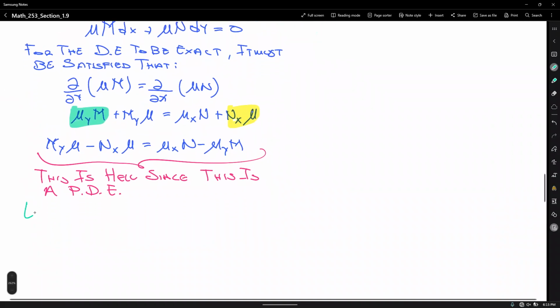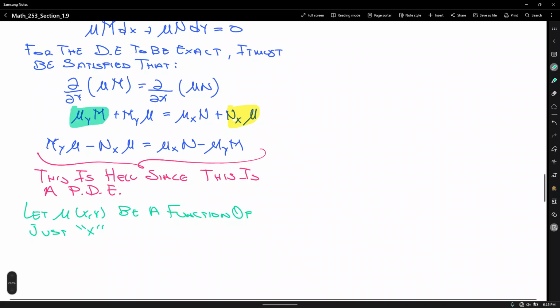Trick. Let mu of x, y, which is a function of two variables again, right? Let me keep reminding about this, okay? Be a function of just x. Of just x, all right?